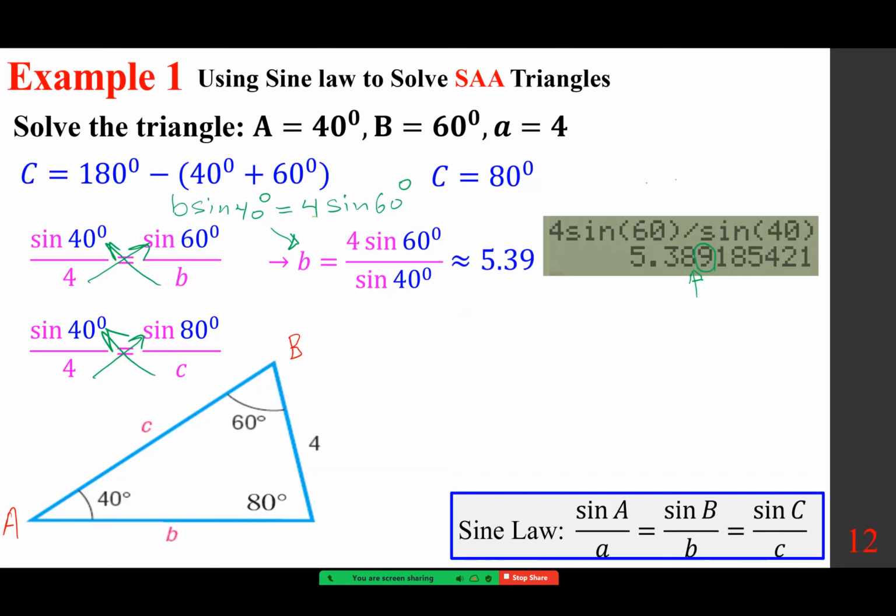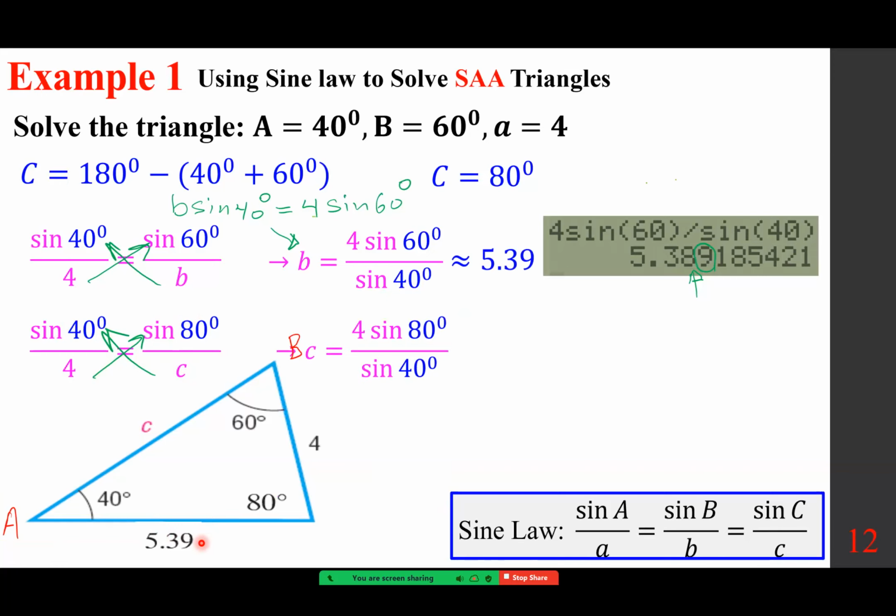For the next one, C is 4 sine 80, okay? You want C, so the product of these two divided by sine 40. So we write this as 5.39.